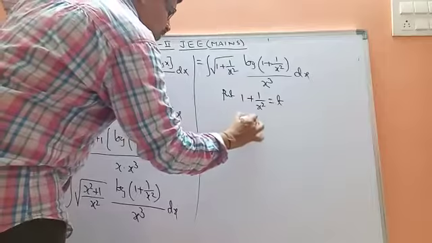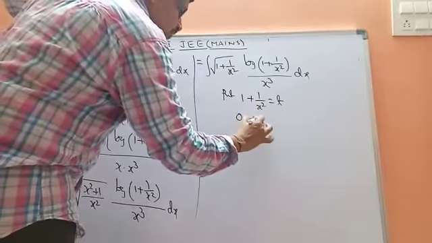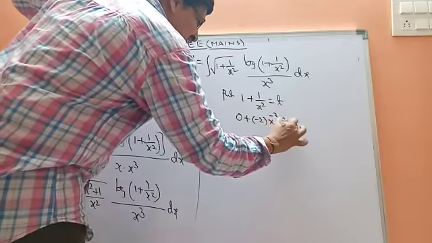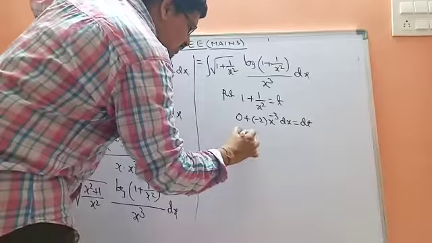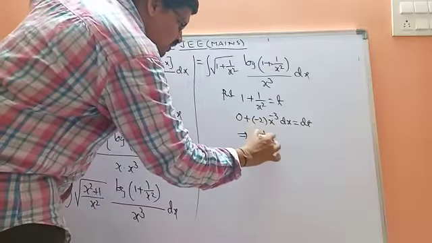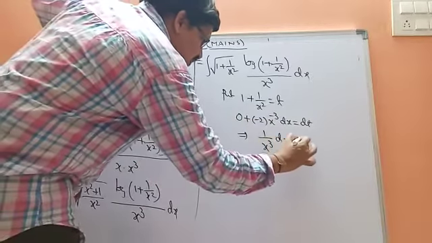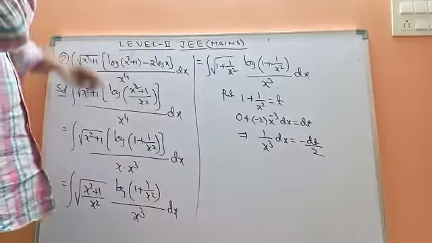Derivative of 1 is 0. Derivative of 1 by x square, that is x power minus 2, is minus 2 into x to the power of minus 3 dx equals dt. That is minus 2 by x cube, so 1 by x cube dx equals minus dt by 2.